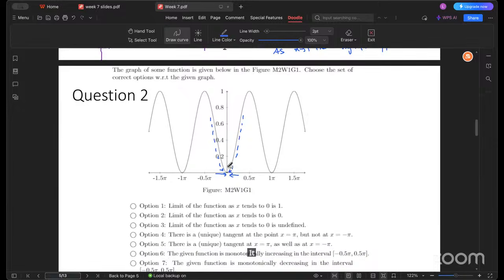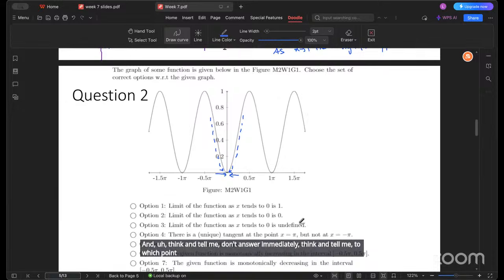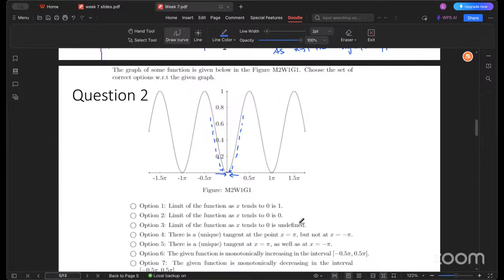It is approaching 0. So look at option 1 and option 2 and think and tell me. Don't answer immediately. Think and tell me to which point it is approaching. It's 0 only.